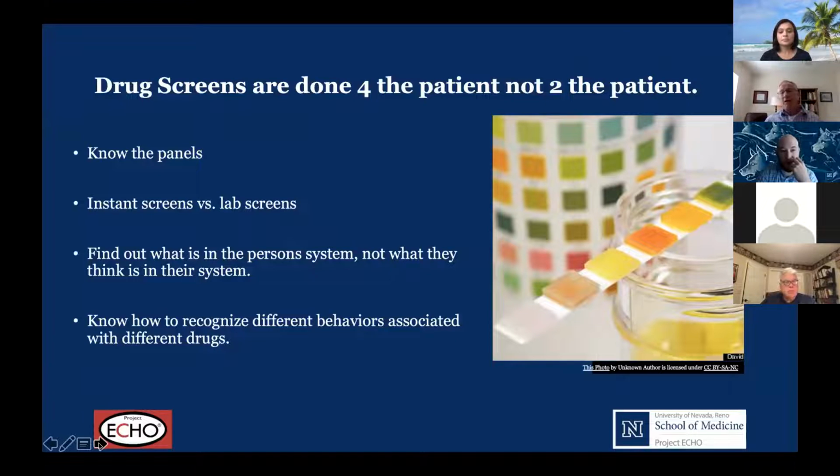So when we're looking at kratom, if somebody is coming in and talking to you and they trust you, and you want to find out what's in their system, many times they don't know what's in their system. So when we're doing drug screens, the drug screens are done for the patient, not to the patient.